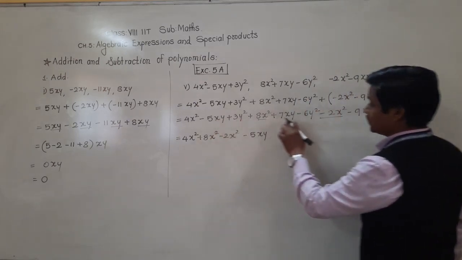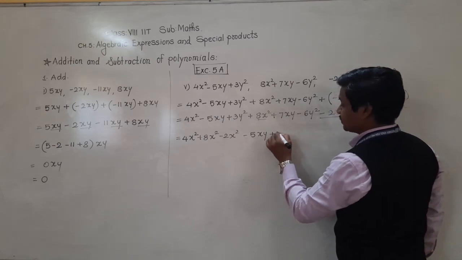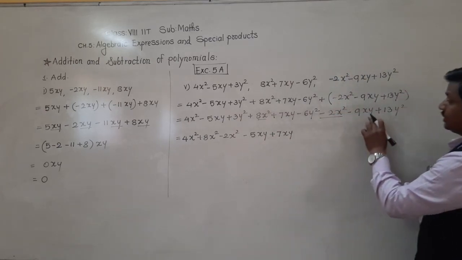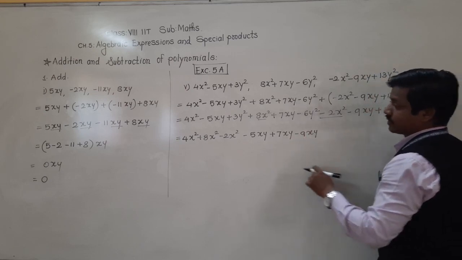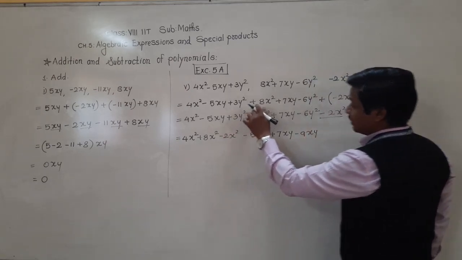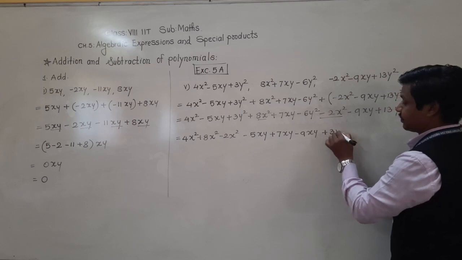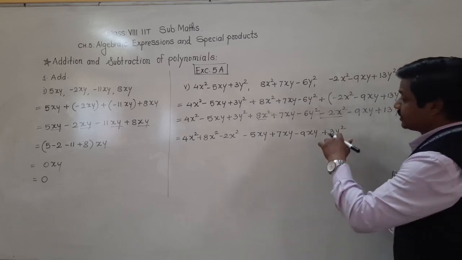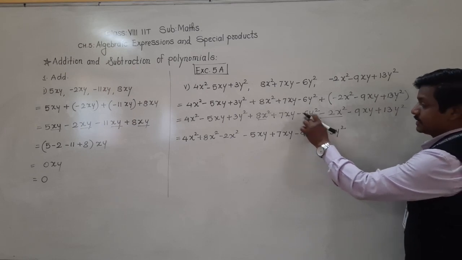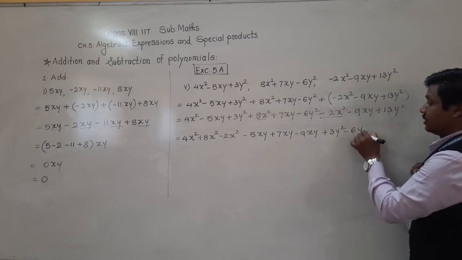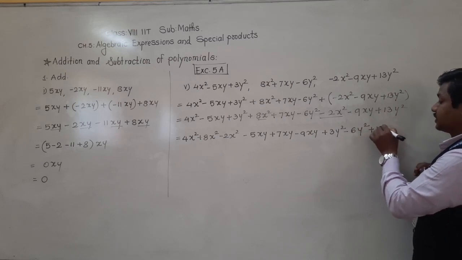So which are other terms with xy? Plus 7xy and minus 9xy. Okay. Then third, plus 3y square. Now which are other terms with literal coefficient y square? This minus 6y square and plus 13y square.